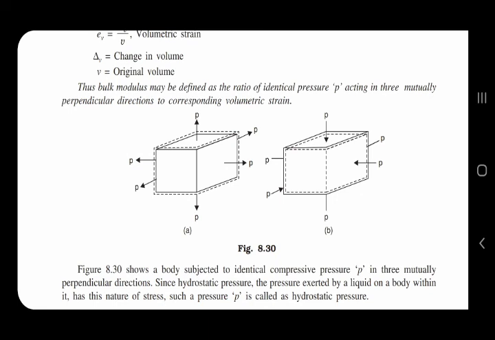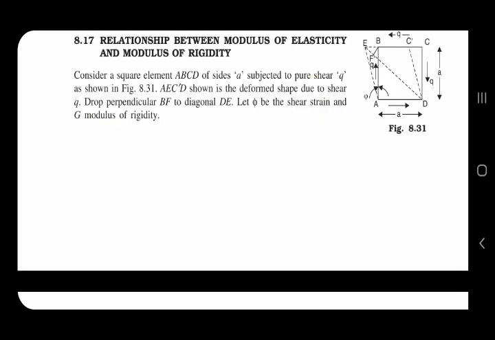Figure B shows the change in the volume in the three directions x, y and z, because it will extend in the x direction, and it will decrease in the y direction as well as in the z direction. So this body is subjected to identical pressure in the three mutually perpendicular directions, and within the elastic limit, P is the hydrostatic pressure that is acting on the element.